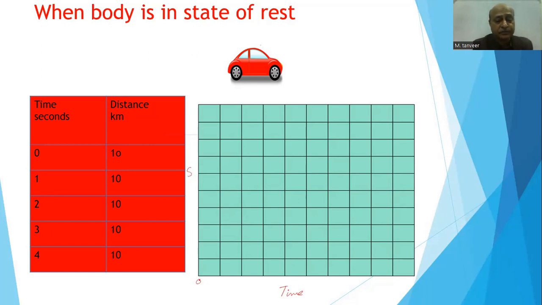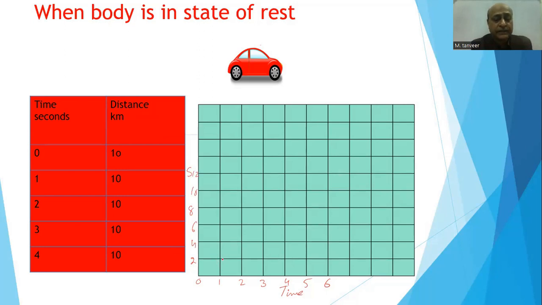Time is 0, 1, 2, 3, 4, 5, 6, so on. Distance at 0 is 10, at 1 is also 10. So we will take distance 2, 4, 6, 8, 10, 12. You can take any scale, 5, 10, 15, 20, no issue.